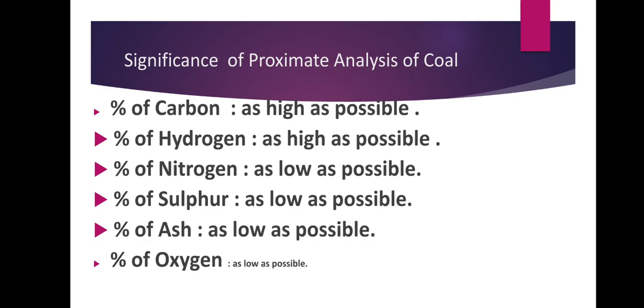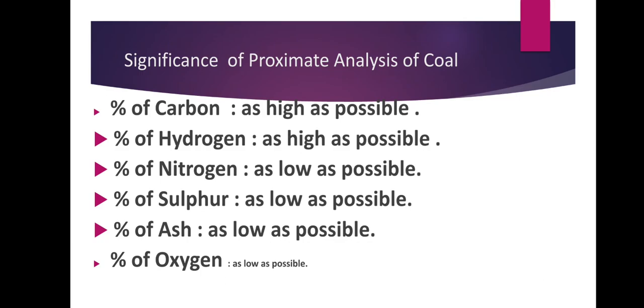So the amount of carbon should be as high as possible. The second parameter is that of hydrogen. Now hydrogen also reacts with oxygen and converts into water and releases a large amount of energy. So the more hydrogen, the more the calorific value. So the amount of hydrogen should be as high as possible.